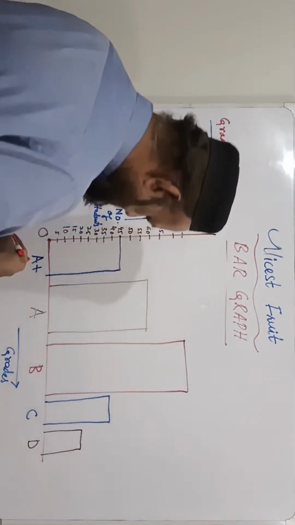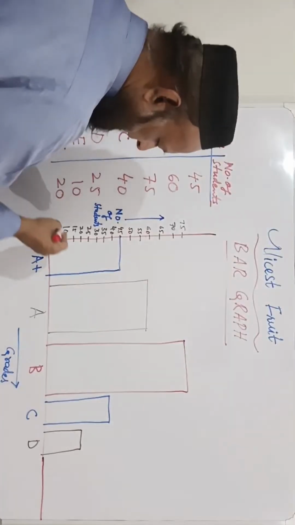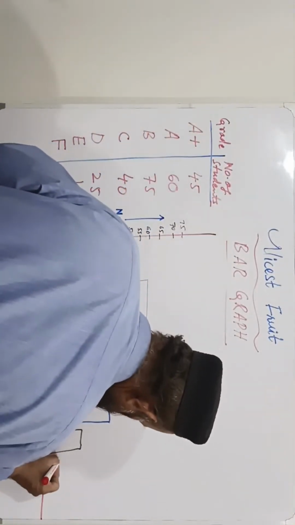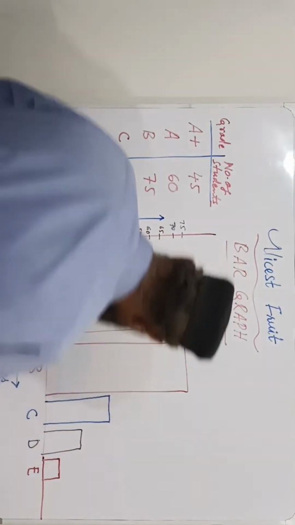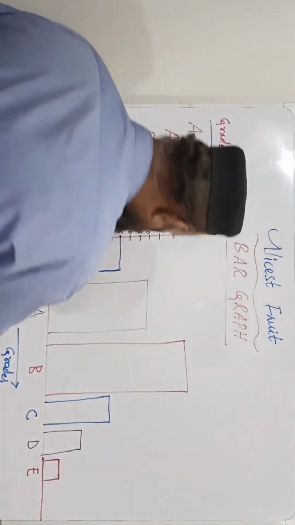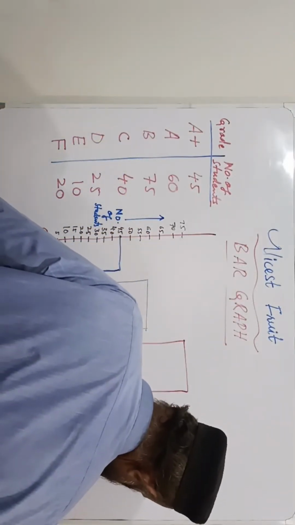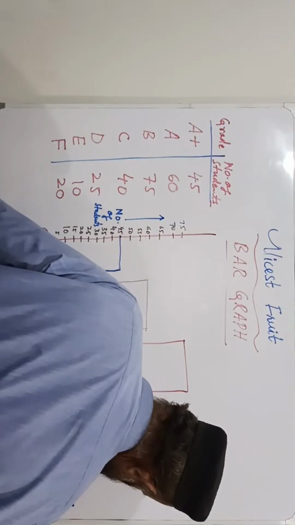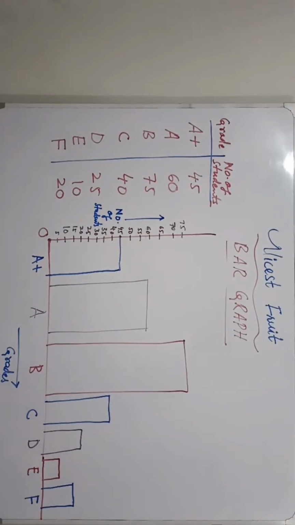This is D. And then E and F. E is how much? 10. This is say E. And then F. F is 20. This is the 20 mark. This is F. So you have seen that it's much easier to plot data in a bar graph than in another graph.